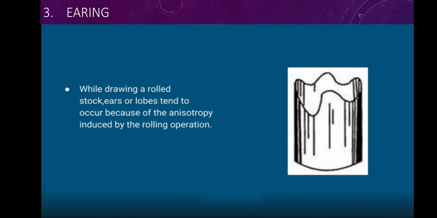That means earing is one of the major defects observed in a deep drawing process due to the anisotropic nature of the sheet material.